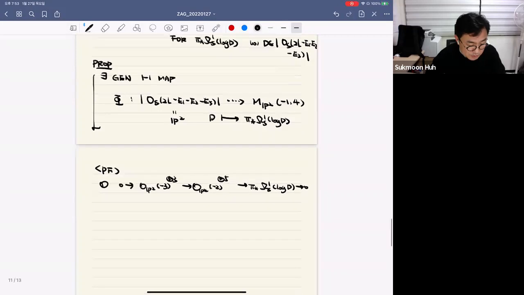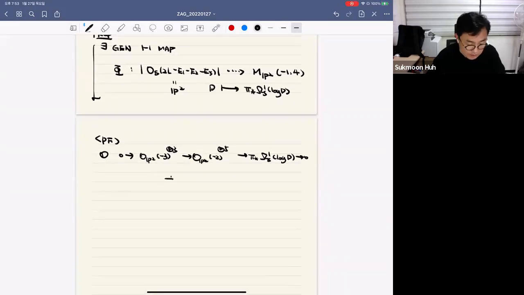That is called a Steiner resolution. So that makes us conclude that our push forward is stable, and the Chern classes are -1 and 4.